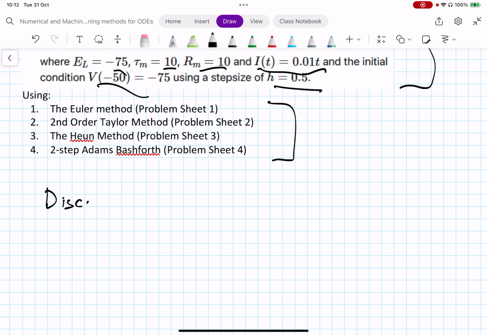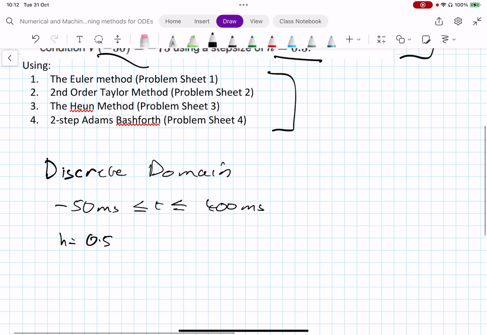So that's the first thing I'm going to do. Our discrete domain is from minus 50 milliseconds less than or equal to t less than or equal to 400 milliseconds. It doesn't really matter that it's milliseconds, just from minus 50. And we're given h is equal to 0.5.